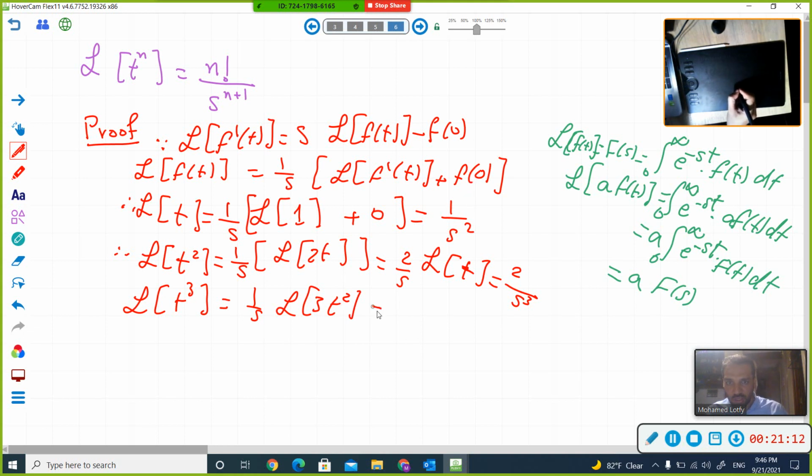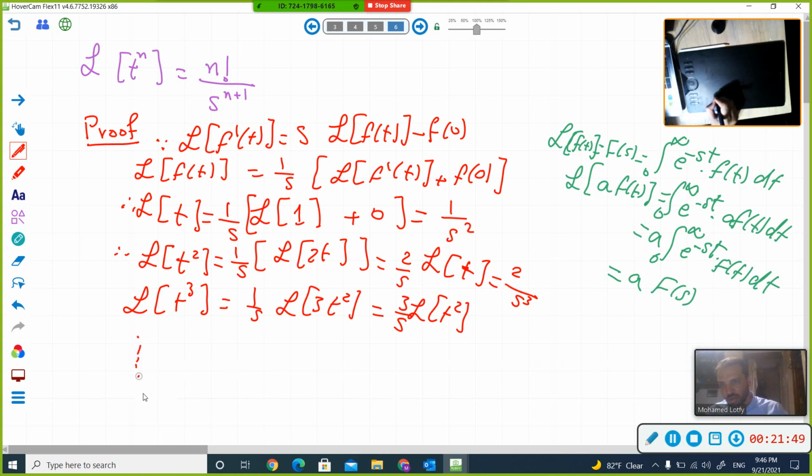So the 3 will be pulled out of the Laplace operator, over s, this one, the Laplace transform of t squared, which we have already got before to be 2 over s cubed, and so on. The next one will be 4 times 3 times 2 times 1, and the next one will be 5 times 4 times 3 times 2 times 1, and so on.